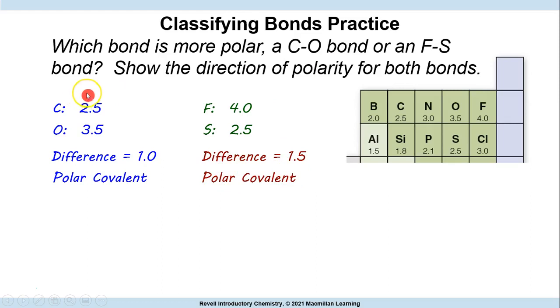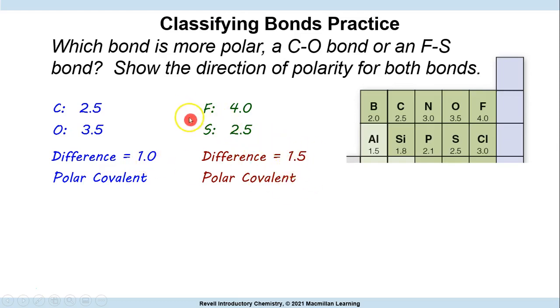Now we've been asked which bond is more polar. Since the difference between fluorine and sulfur is 1.5, it is more polar because it has a bigger value, 1.5 versus 1. So this one is more polar.